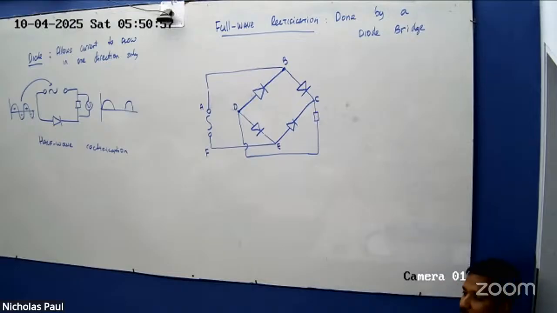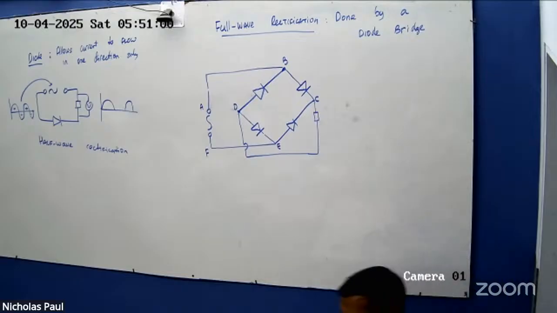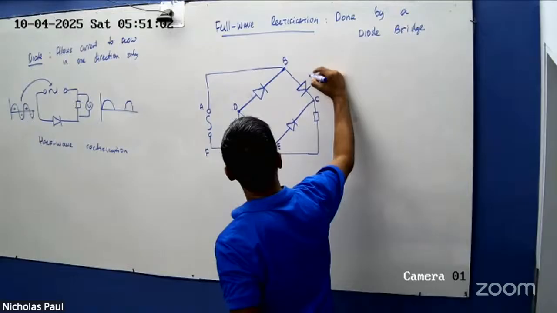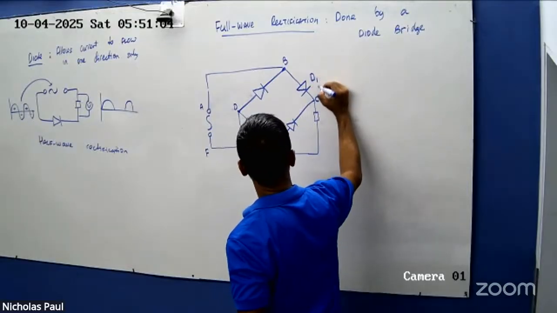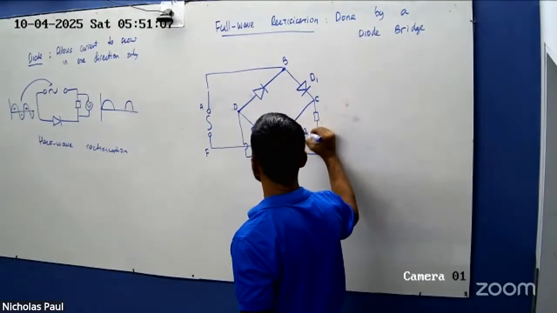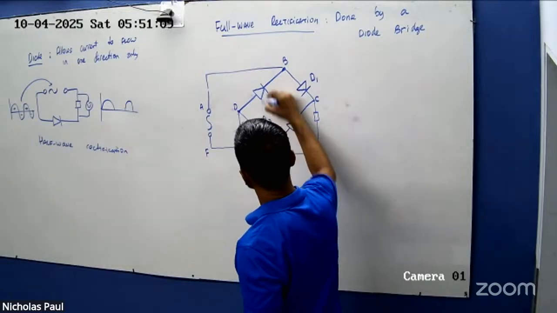It must be in that order and that direction. Right, we can label them up too. We could call this D1, D2, D3.